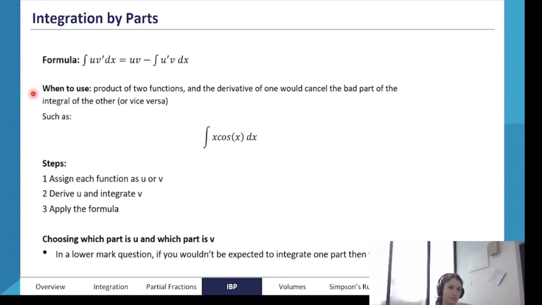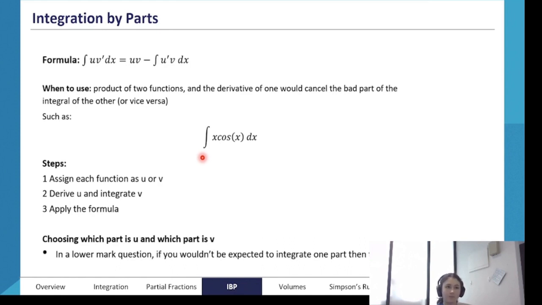the derivative of one would cancel the bad part of the integral of the other, right? So in this case here, we have two functions, and as we'll go through in a second, the bad part of one of these will cancel the integral of the other.